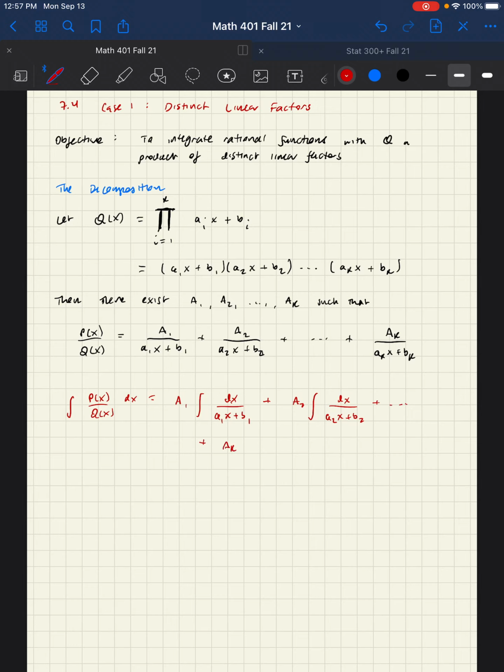And these we can integrate because we just need to perform a simple u-substitution, and the antiderivative will be a sum of logarithmic functions. So it'll look like A sub 1 times 1 over a1 natural log of a1 x plus b1, plus capital A sub 2 times 1 over a2 times natural log of a2 x plus b2, dot, dot, dot.